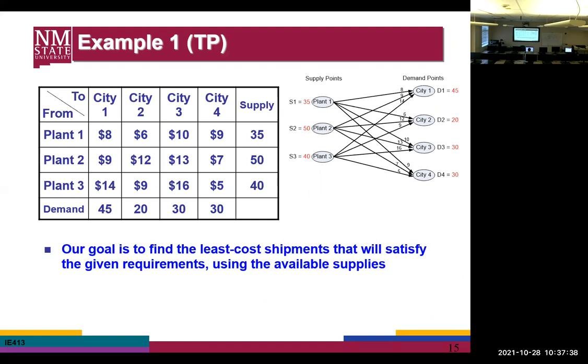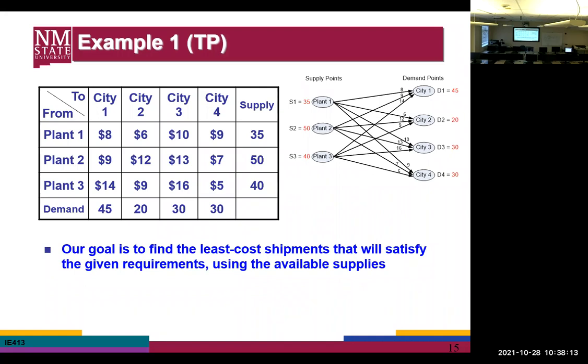It also includes the shipping cost from each source to each destination, the customer demand, and the available supply amount for the power company. Okay. So again, our goal is to find the least cost shipments that can satisfy the given requirements using the available supply amount. That's what you are going to do with the transportation problem.